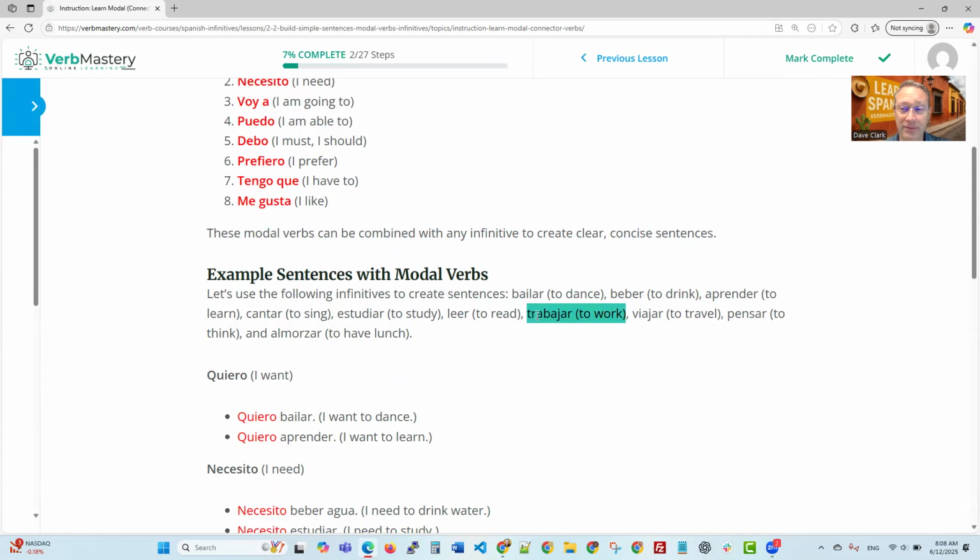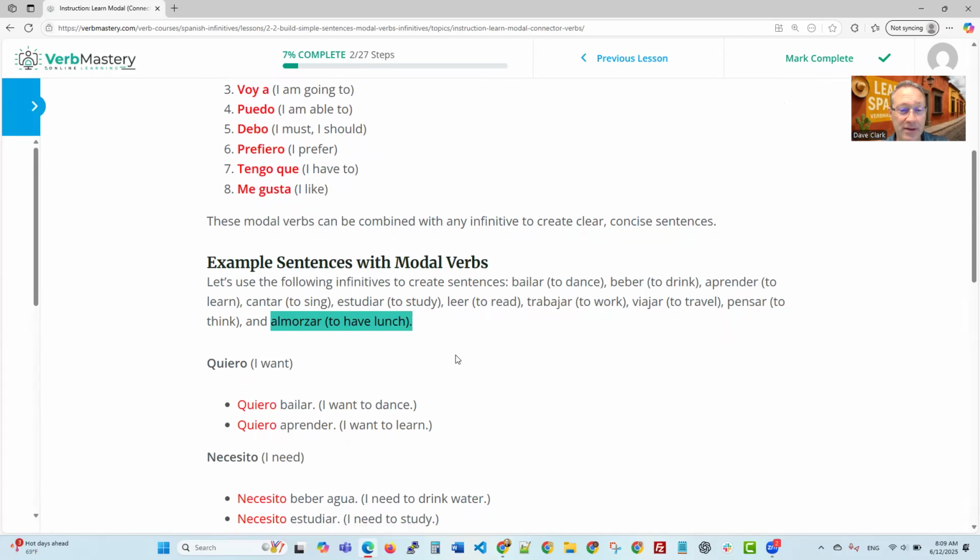Notice the R has a little bit of a tongue trip. The next one is viajar, to travel, and it has a hard V in most Latin American countries. The next one is pensar, which means to think. And the last one is almorzar, which means to have lunch.